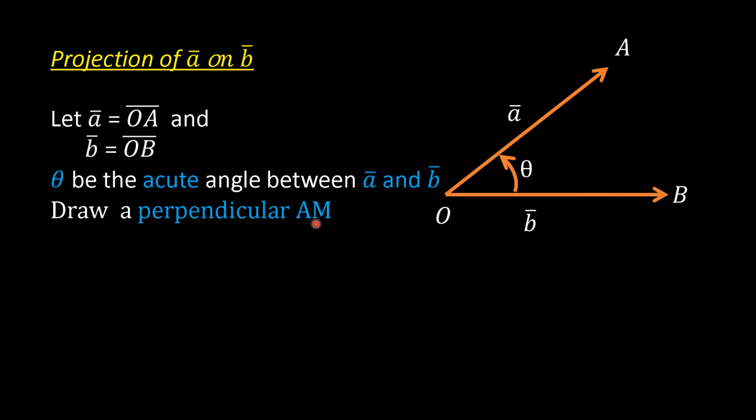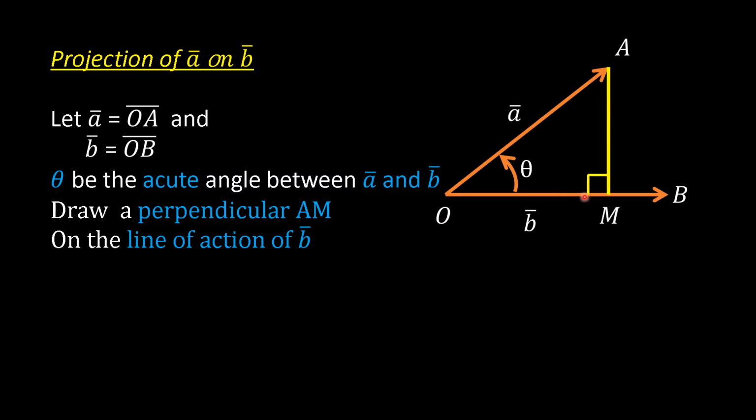Draw a perpendicular AM on the line of action of B. OM will be OA cos theta by simple trigonometry.